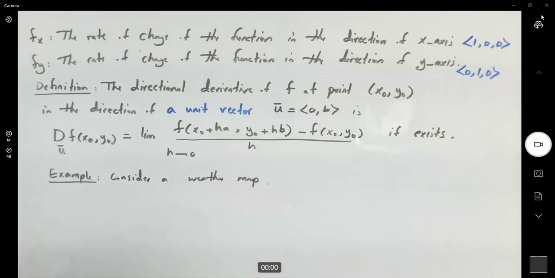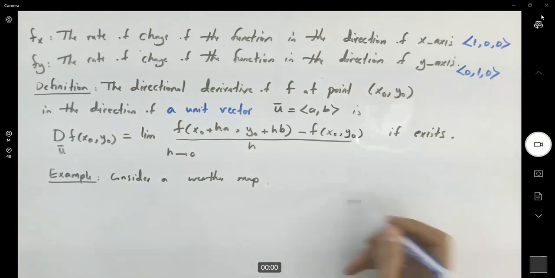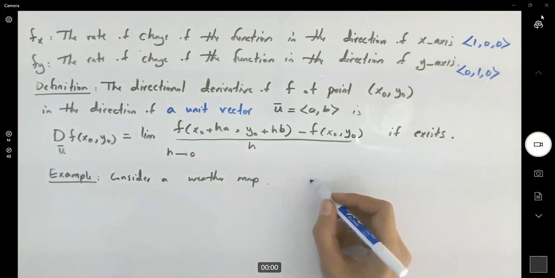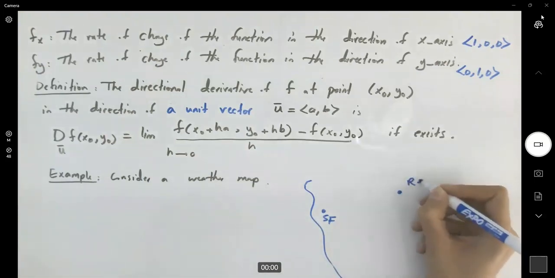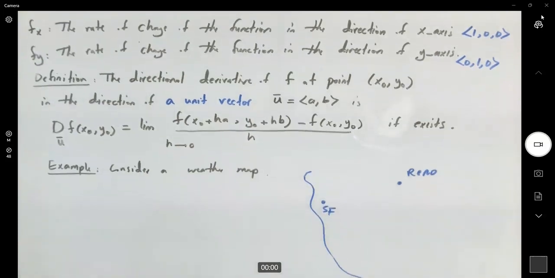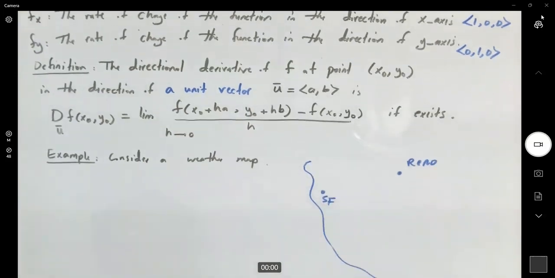Here you have the map of some part of California. Suppose we have San Francisco, and then you have Reno, you have Las Vegas, LV, Los Angeles, LA.